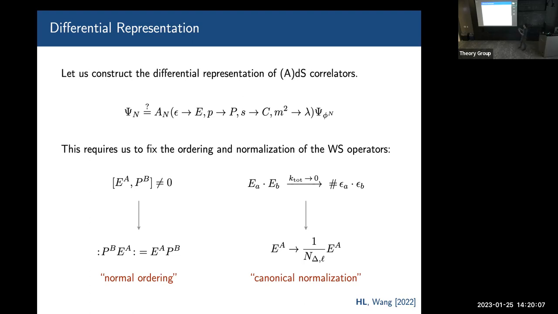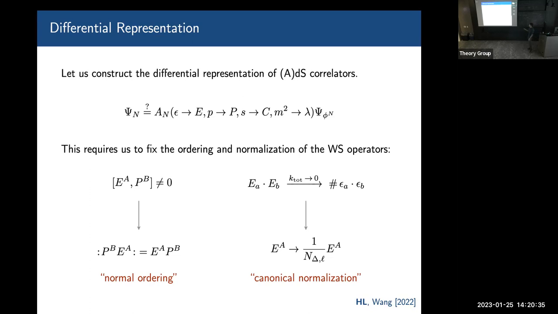Now, this procedure is obviously not unique, because what we are basically doing is turning these algebraic vectors into differential operators, which don't necessarily commute. So there is some ordering ambiguity that you have to fix in going through this procedure. A priori, it's not clear what ordering you should be using.